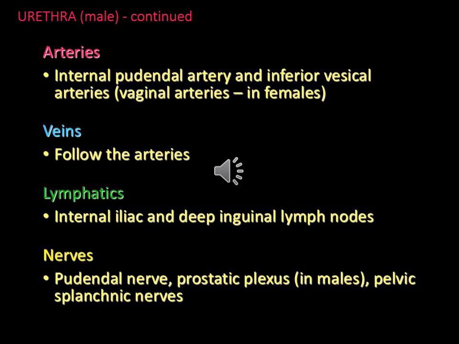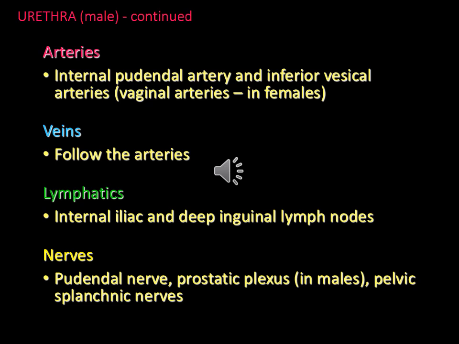And since the arteries are coming from the internal iliac by way of the internal pudendal, the lymphatics will be going to the internal iliac and also the deep inguinal lymph nodes.